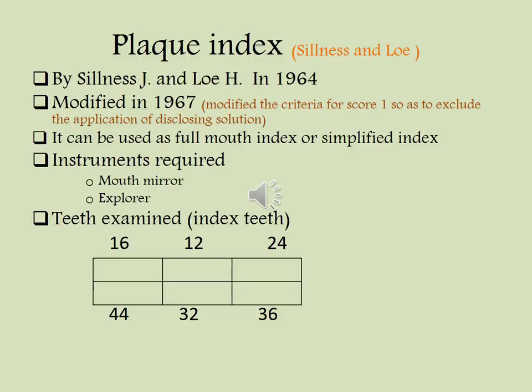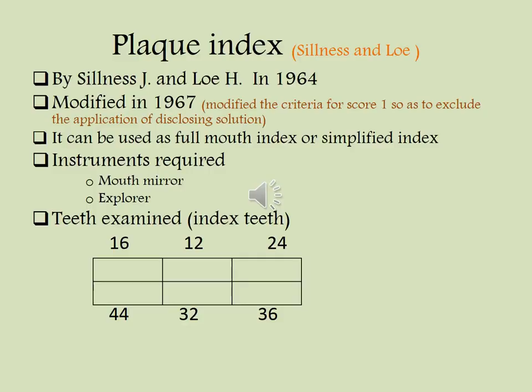So previously, when the index was given in 1964, to calculate the score 1, disclosing solution was applied over the tooth surface, but according to the modifications given in 1967, the application of disclosing solution was excluded.